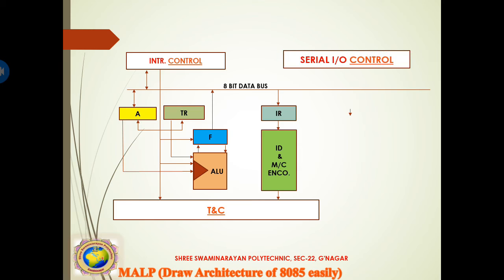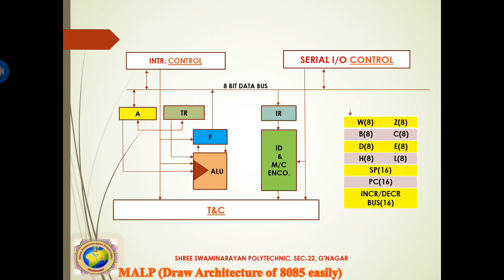Then the serial input output control is connected bidirectionally with the 8-bit data bus. It is also connected with the timing and control signals, and with the instruction decoder and machine cycle encoder.